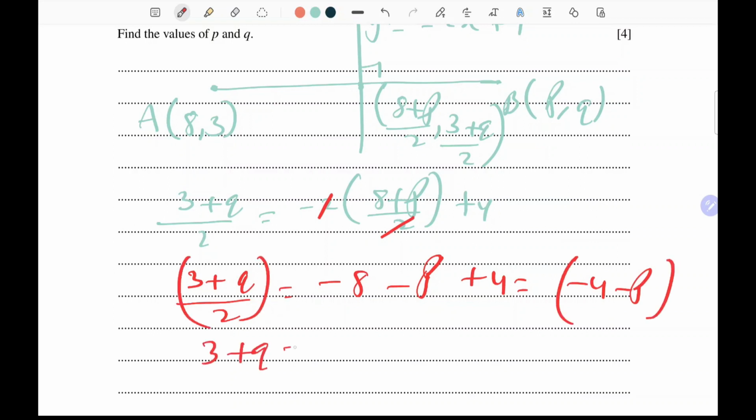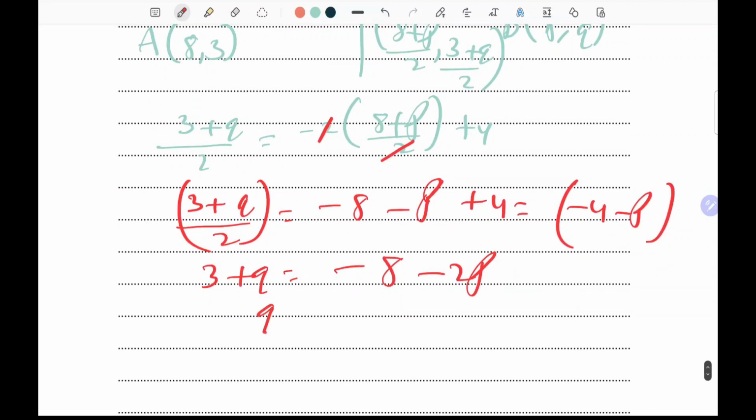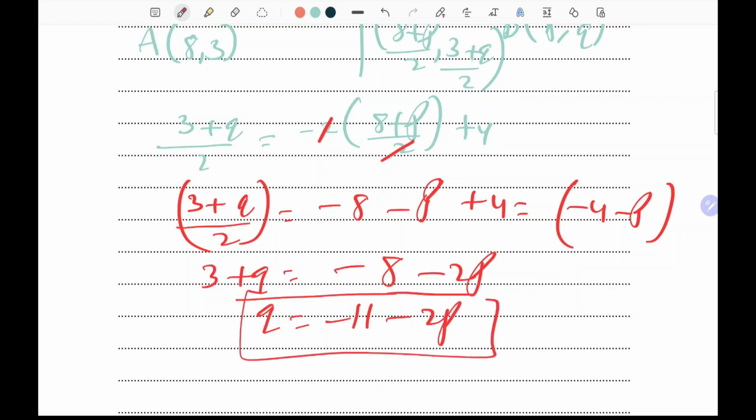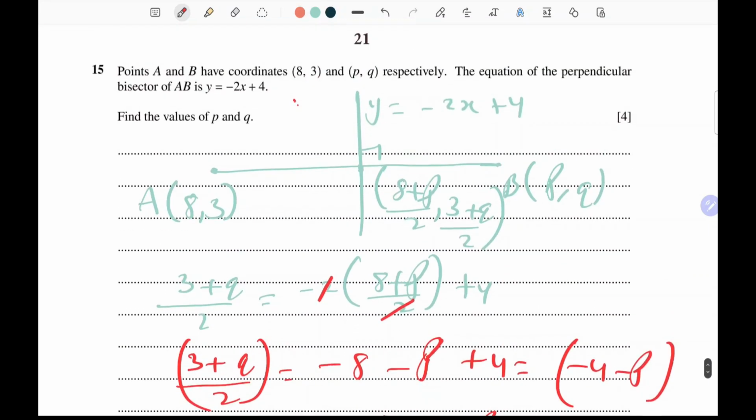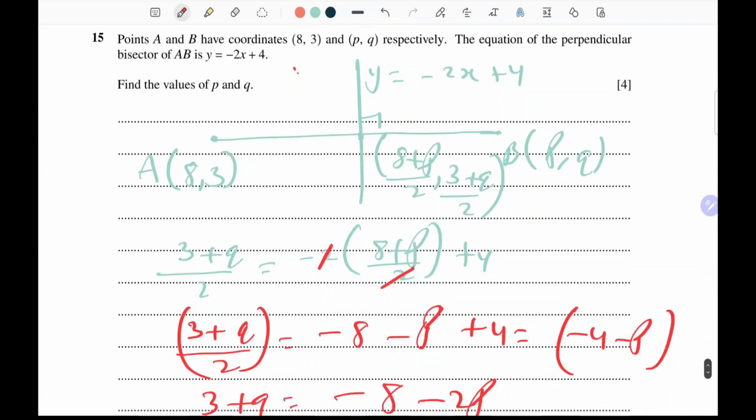So this is 3 plus q, this 2 you have to multiply over here. This is minus 8 and minus 2p. So guys, take 3 to the right side, minus 8 minus 3, minus 11, minus 11 minus 2p. So q is minus 11 minus 2p. That's great. We got one equation in p and q.